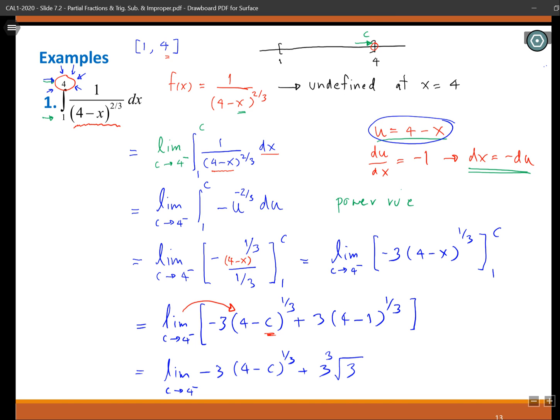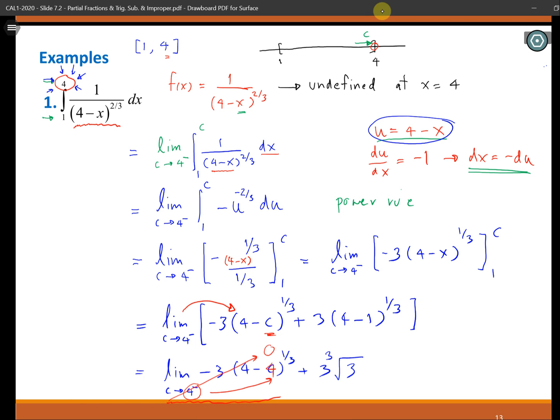Now all I need to do at this point is evaluate this limit. As you can see, I can perform direct substitution for c. 4 is going to go in, which means that this becomes 0, and the whole front term goes to 0.